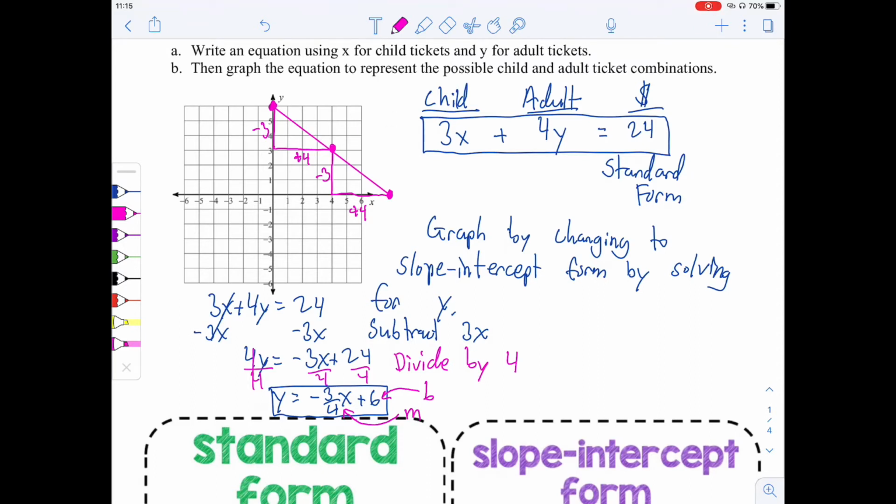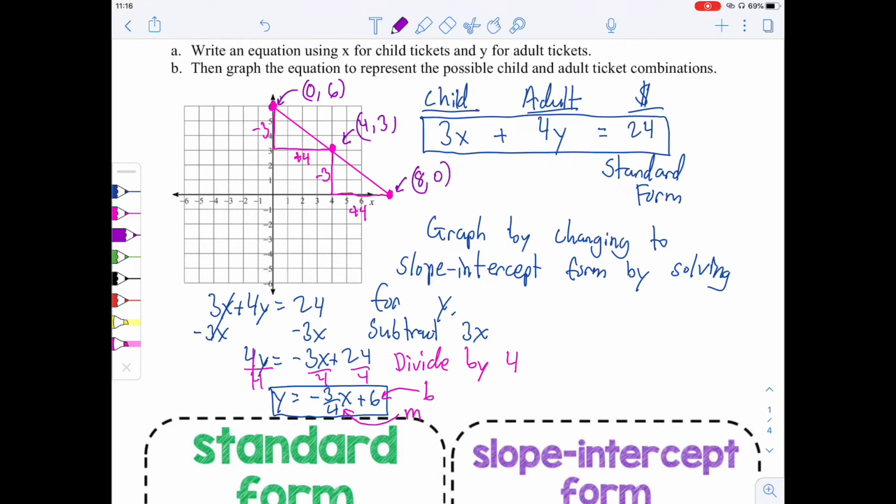So that's the different combinations that you can make for this problem. You can look at the graph and see what combinations you can make. You can have 0 child and 6 adults. You can have 4 child and 3 adults, right? These are ordered pairs. Or you could have 8 child and 0 adults. Those are 3 points, our ordered pairs, that equal $24 exactly.